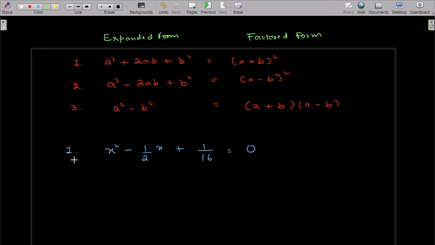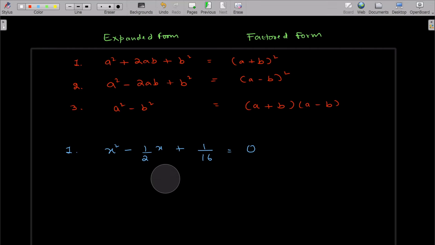So can you guess which identity will be used to solve this equation, Anishka? The second. Yes, the second one, because obviously it's not going to be the third one because it has 3 terms. So it is going to be either the first one or the second one, and if the second term is negative, then we will do the second identity.